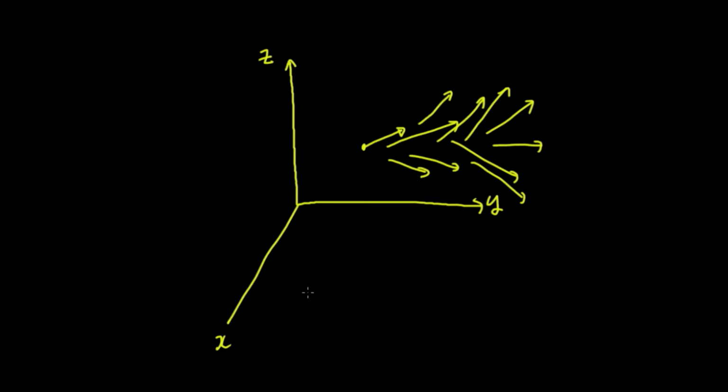So we could write that the vector function f is a function of the position x, y, and z. Now we can split that into its components.